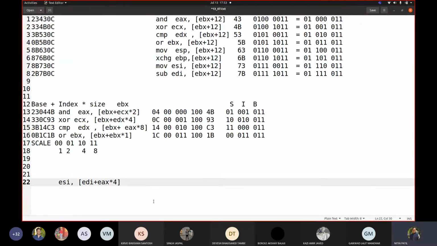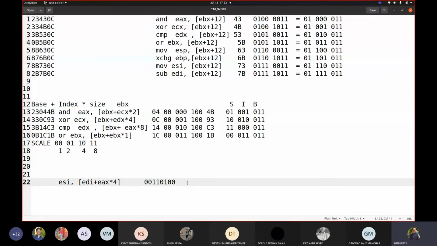What would be the mod? If I say the mod would be 00, correct? The first element is ESI. How much is ESI? 110, correct? And then the last one would be 100. This one we have kept common, look, 100 is common, correct? Now this EDI is to be written.